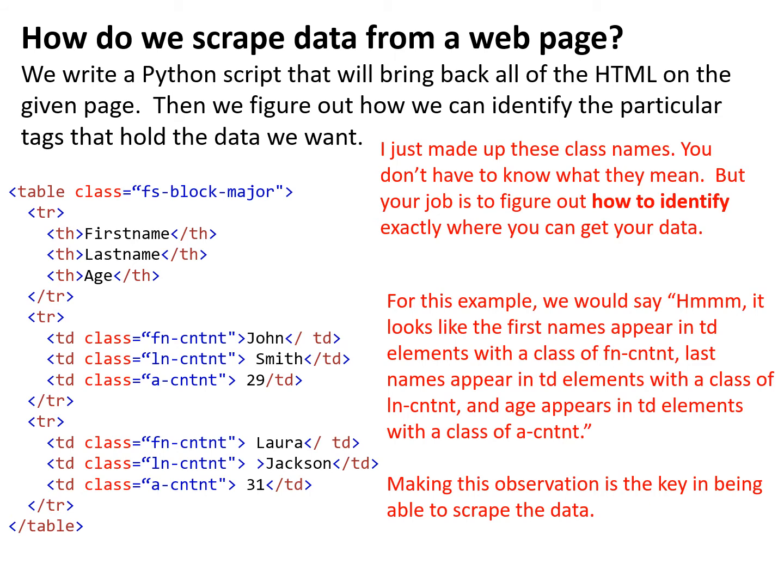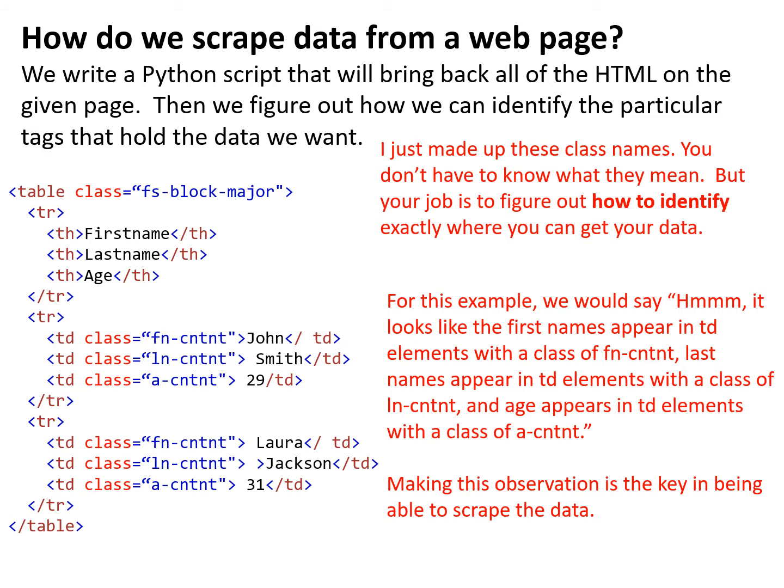In this case, we would have come to this conclusion that now I know how to get the first names out because those are in TD tags with this certain class, FN-CNTNT, and now also I know how to get the last names, and I know how to get the ages. So that's the first step for web scraping, is first of all figuring out where your data is and coming up with that pattern, knowing where would I go to get that.